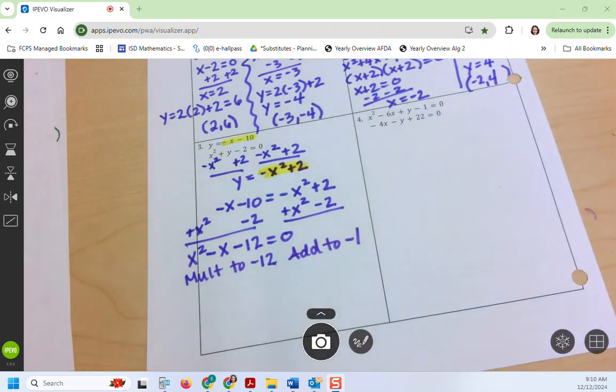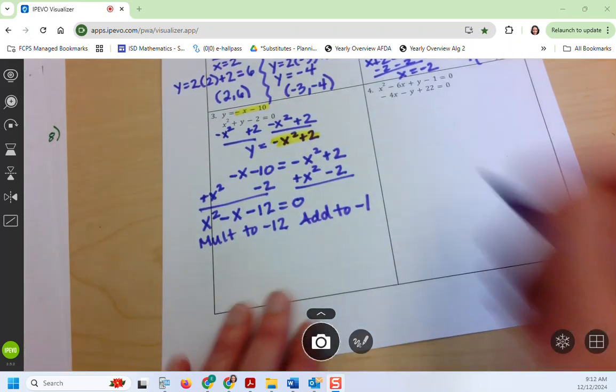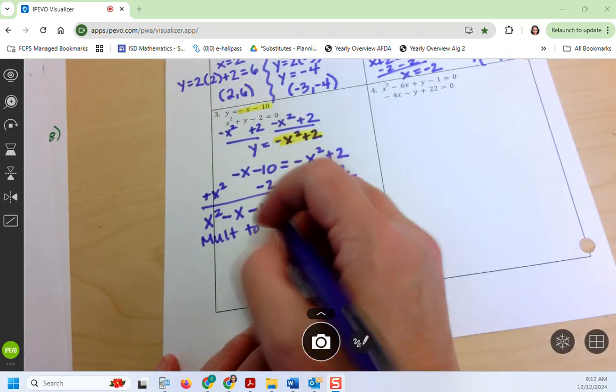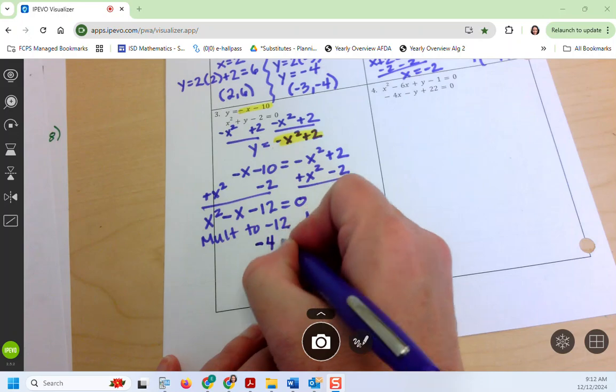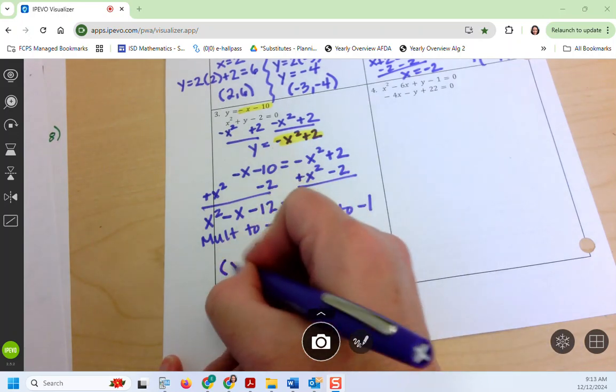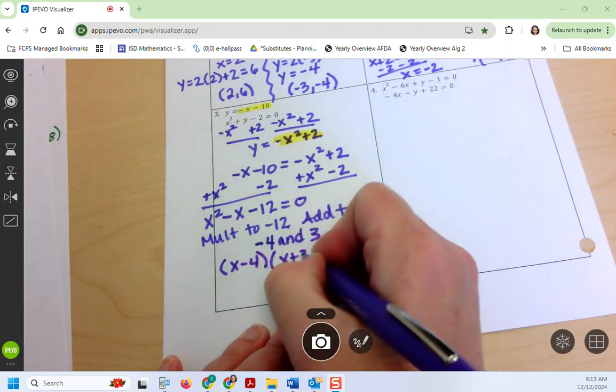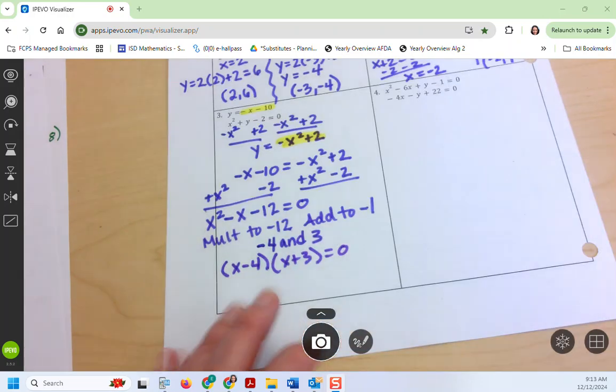Okay, so go ahead and factor that, and then set your factors equal to 0. You should find your x values. Numbers that multiply to negative 12 and add to negative 1 are negative 4 and what? 3, thank you. So I have x minus 4 times x plus 3 equals 0.